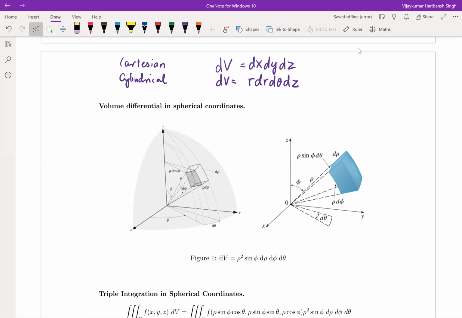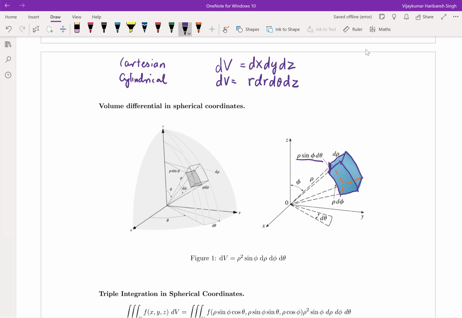So note the following. Let this be a spherical wedge. So you cut a spherical wedge. You can think about it as a spherical rectangle. So one of the sides can be seen as rho sine phi d theta.